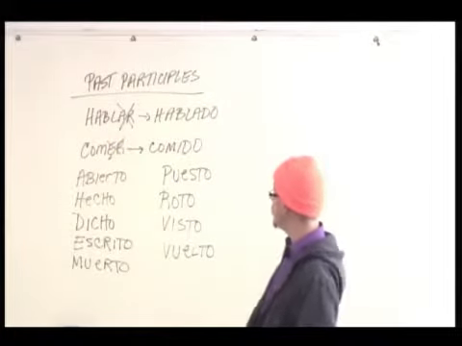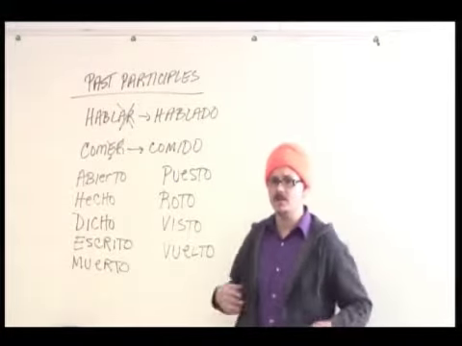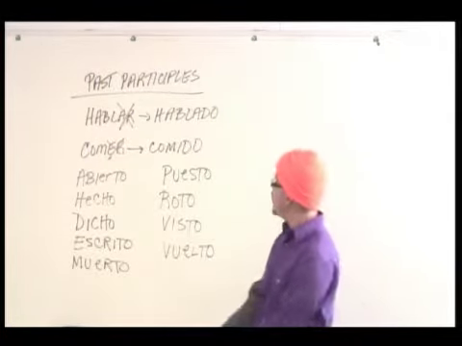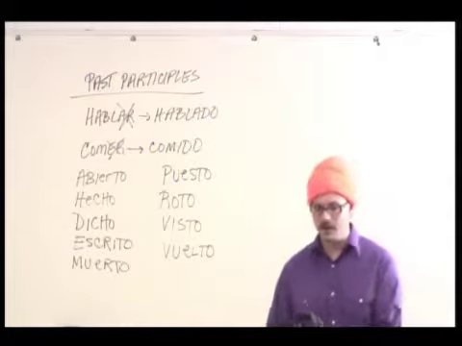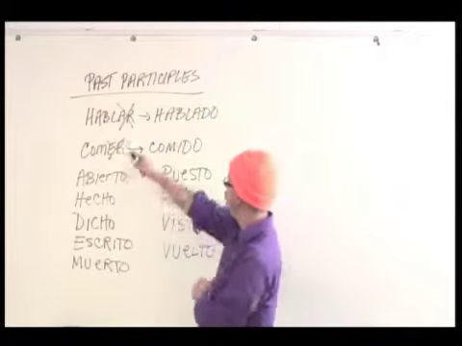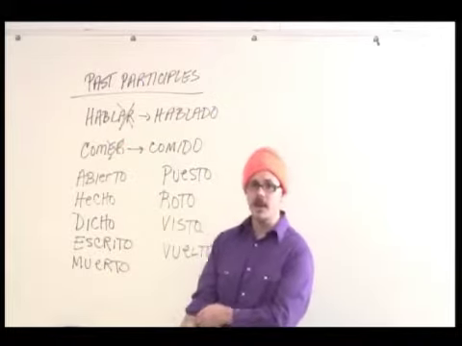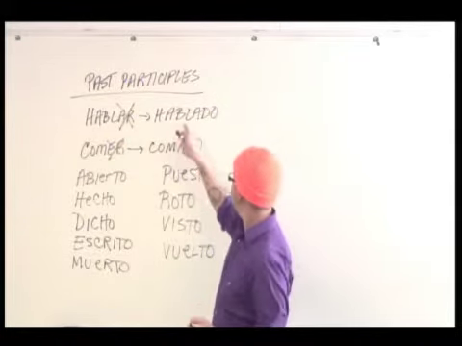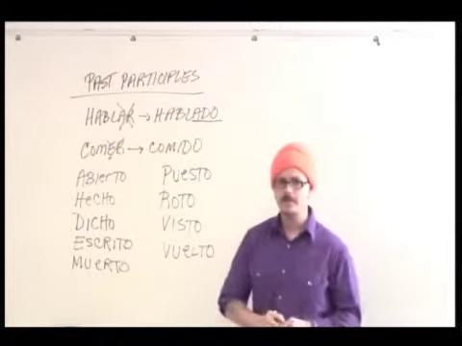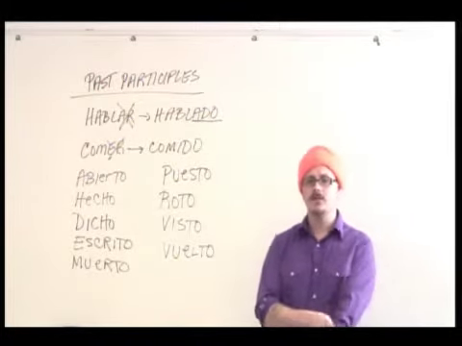So, let's first take a look here at the ways in which past participles are formed. If you see here, I've written hablar up there. So hablar is our stand-in for our regular AR verb. For an AR verb, we're merely going to cut off the AR and add an ADO to the verb, giving us hablado, for example.